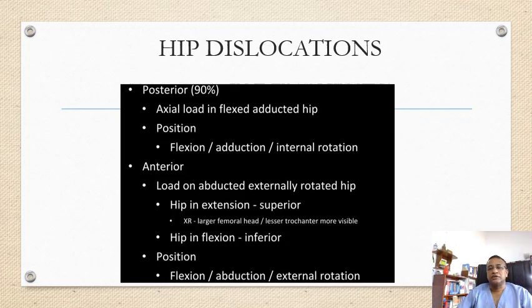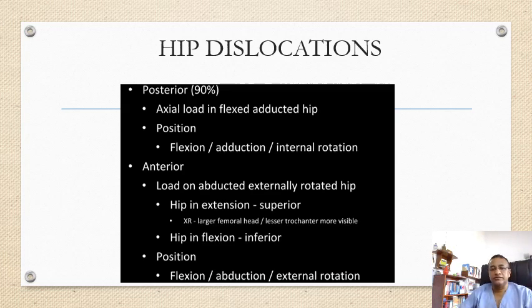As I mentioned earlier, posterior dislocations are the more common. So almost 90% of hip dislocations are posterior. As I told, this is an axial load in a flexed, adducted hip. This is happening while pedaling the brake.